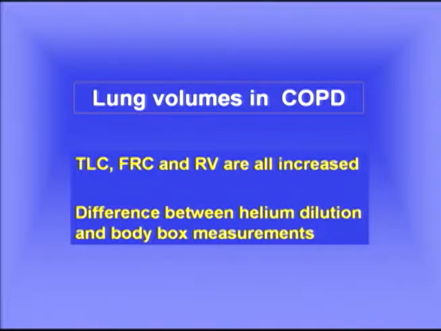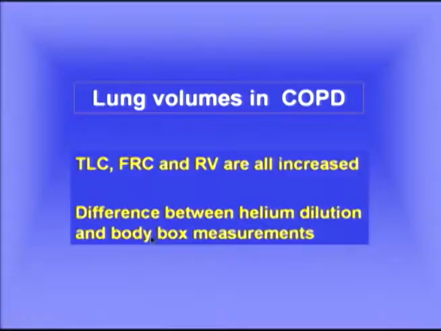And in addition, when we make the measurements of lung volumes, and if we do this using both the helium dilution and the body box or the plethysmograph, we see a difference between the two measurements, because the helium dilution technique only measures the volume of the lung which is connected to the mouth.